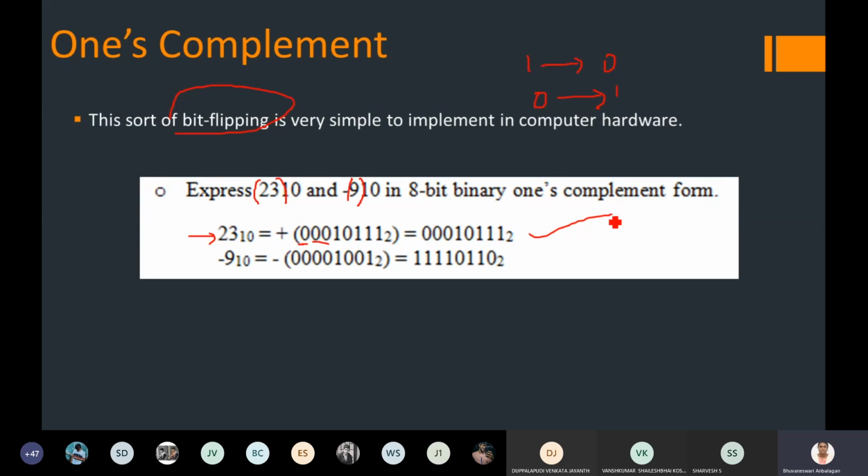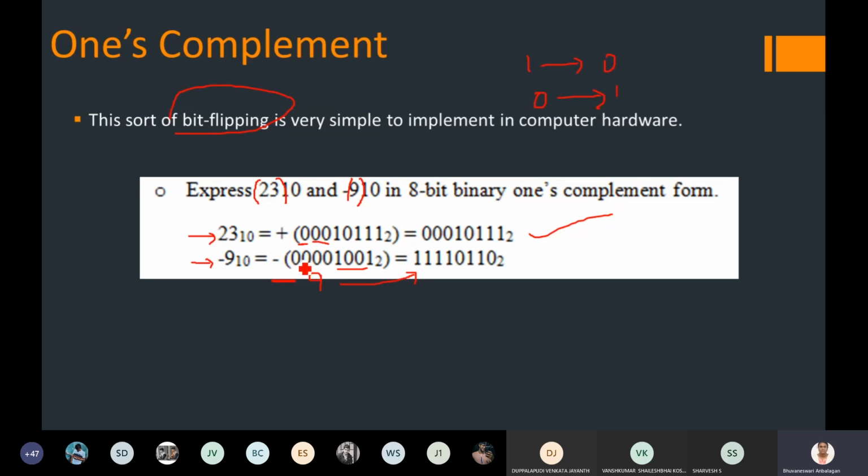If they are asking in ones complement, but if they are asking you to write a negatively signed number in ones complement form, again you write down the binary equivalent of it. This is going to be minus 9. So for minus 9, to represent it in ones complement form, what you have to do is simply flip all the bits.